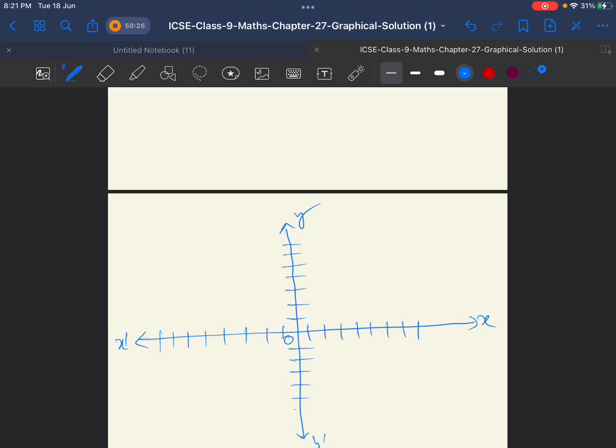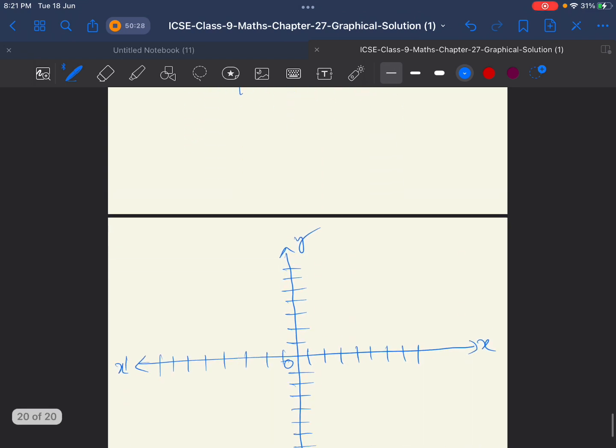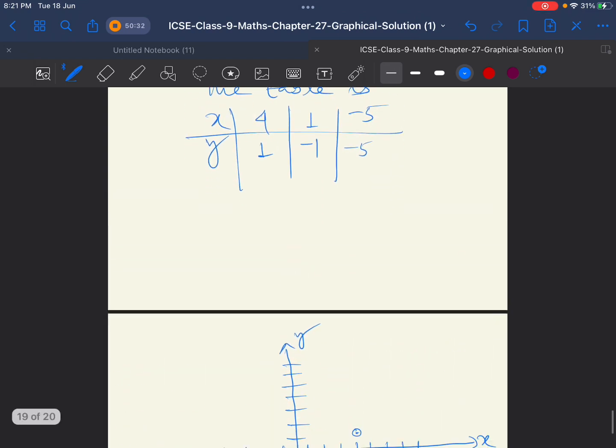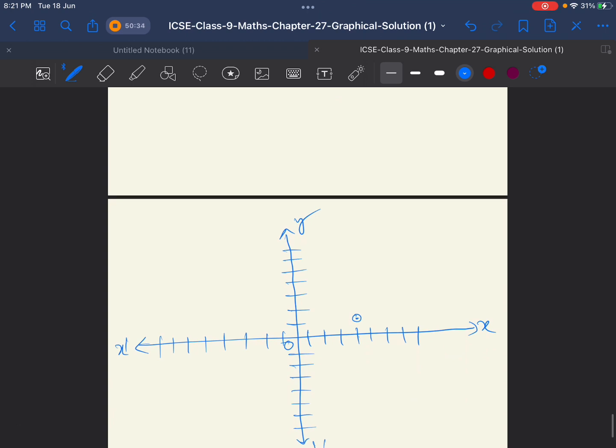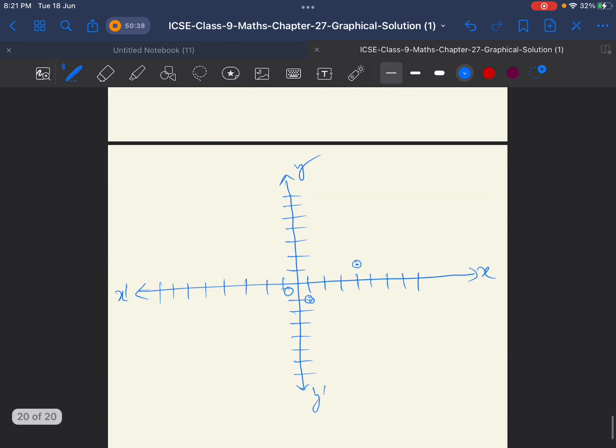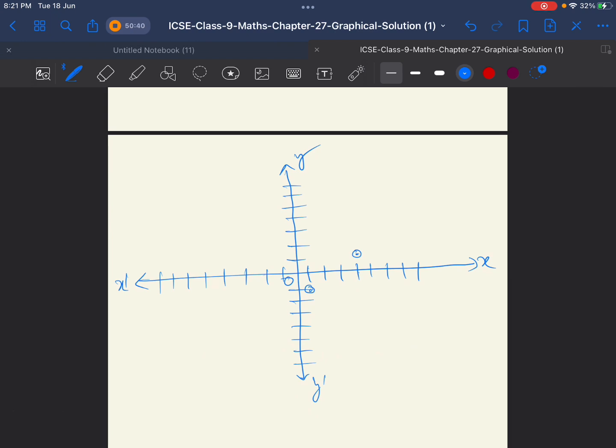Counting along the axes, the point 4, 1 is here. The point 1, minus 1, this point is here.